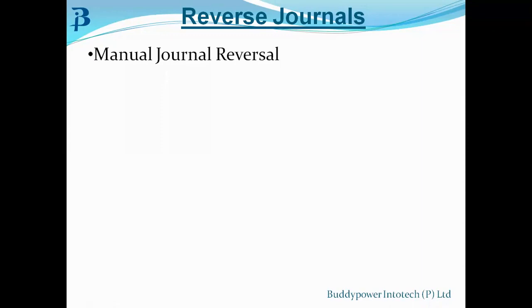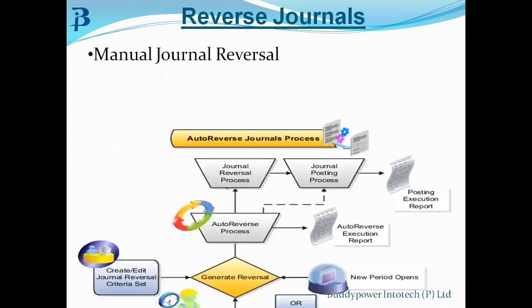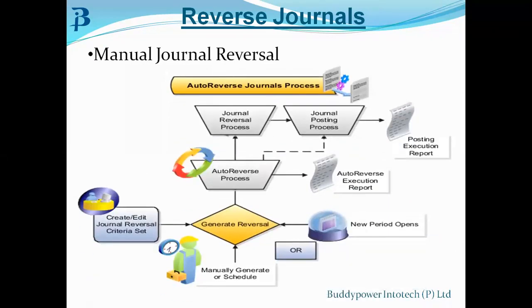Anyways, the next is the auto journal reversals. Here you can see that the journals get reversed automatically by running a process. The ability to submit journal reversals automatically allows you to automate and streamline your journal reversal process.